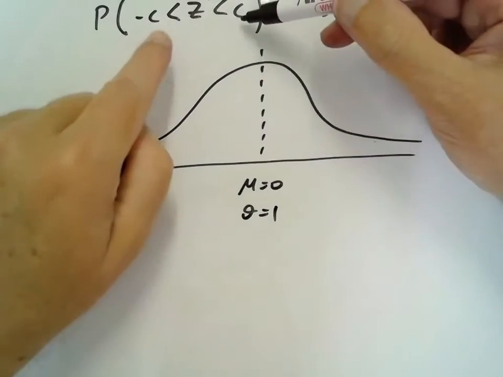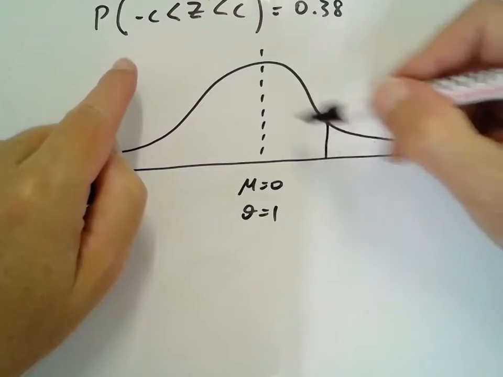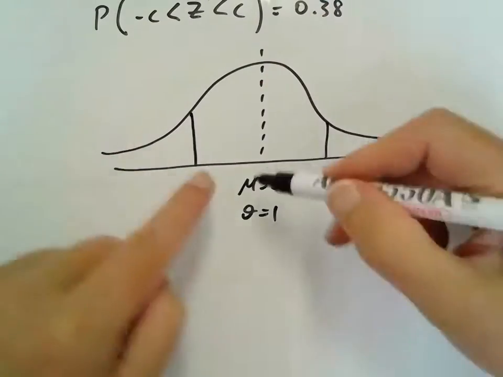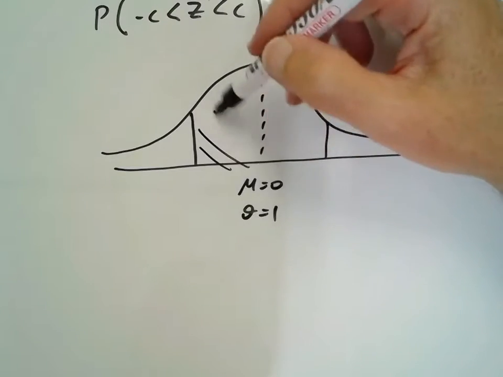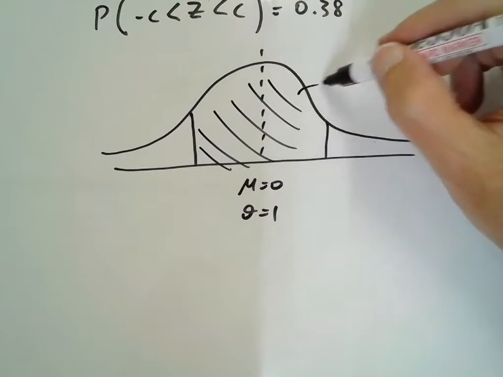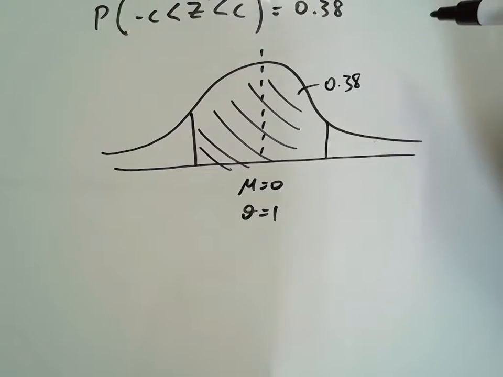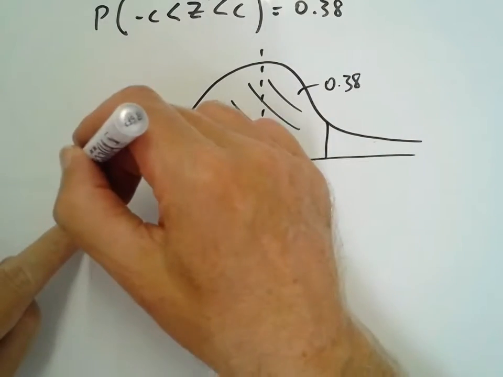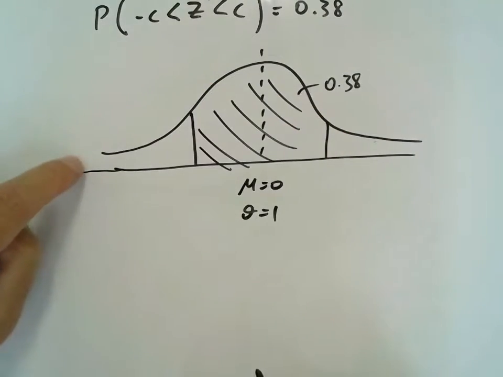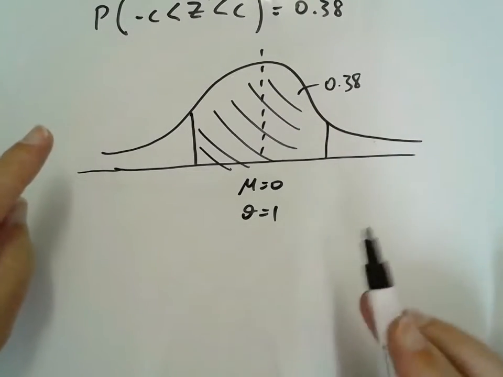So what we're saying is symmetrically we've got a C here and a negative C here, so the distances are the same, and the area between them is 0.38. Now remember, our calculator can only measure area from all the way over here at negative infinity. So we have to think about this a little bit.